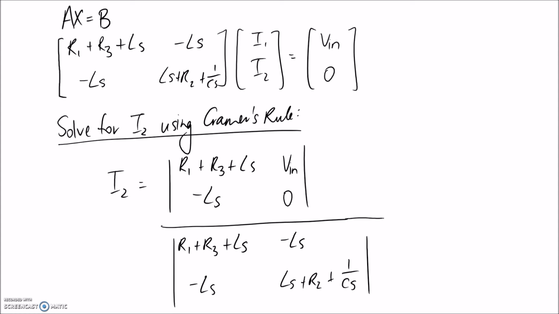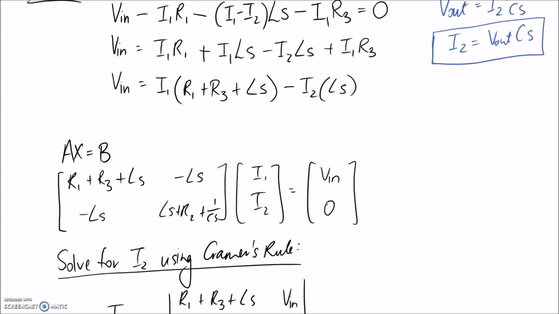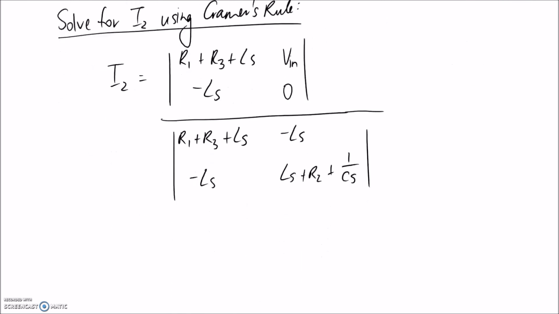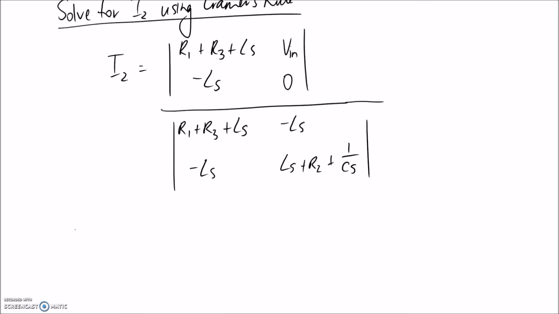Now we can start solving for the determinants, but rather than solving for I2 directly, we can substitute in that I2 is directly related to V out through that relationship. So let's sub that in. V out CS got subbed in.